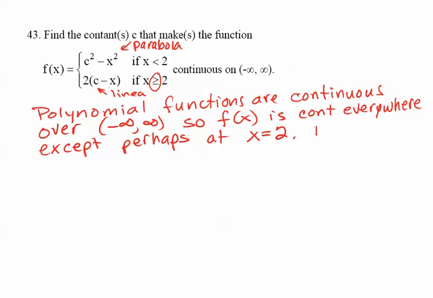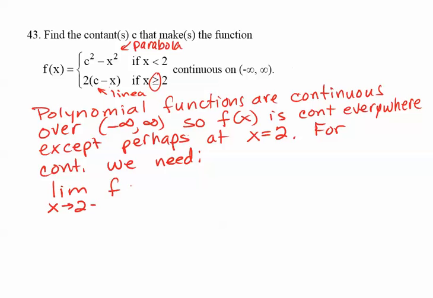So for continuity, we need the definition of continuity to hold. We need the limit as x approaches 2 from the left side, because that's one piece of our piecewise defined function, to be equal to the limit as x approaches 2 from the right side. If those two are equal, that gives us an overall limit, and we need that to be equal to f of 2.